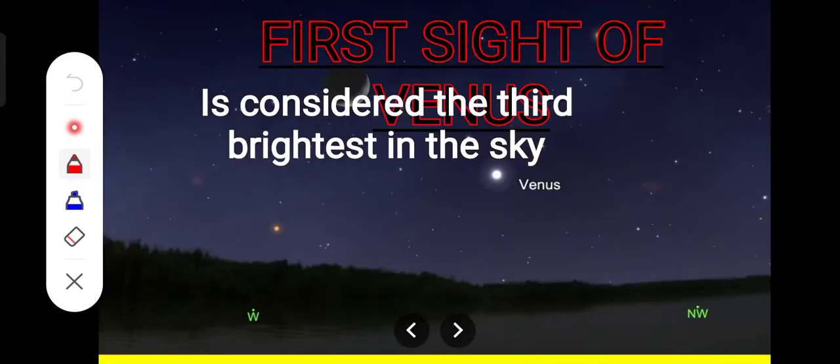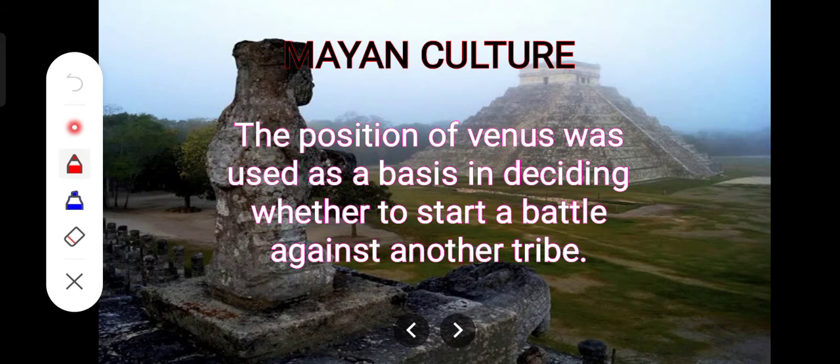Next, we have here the first sight of Venus. So, we all know that Venus is considered as the brightest or third brightest in the sky when it appears in our planet. Okay? But in other cultures, for example, the Mayan culture, the position of Venus was used as a basis in deciding whether to start a battle against another tribe or not.